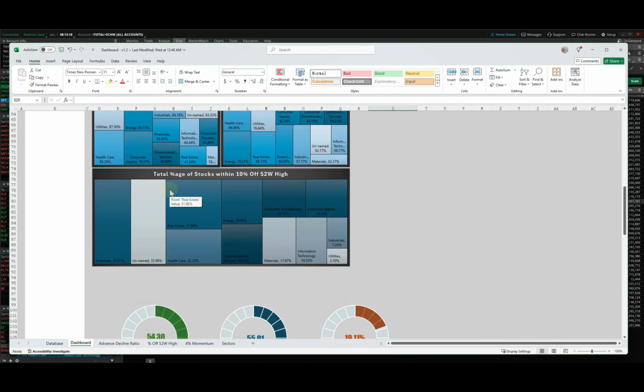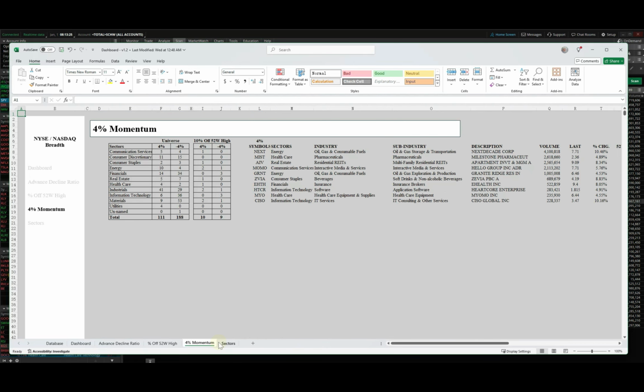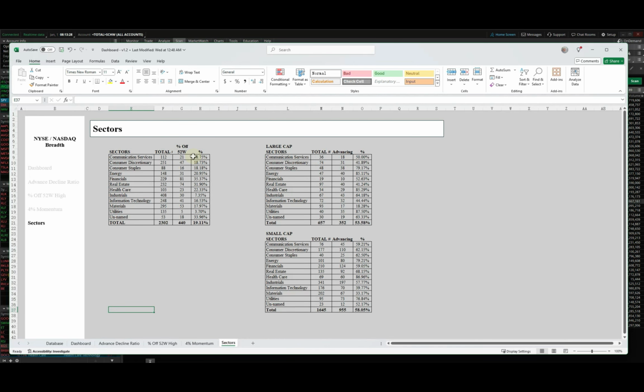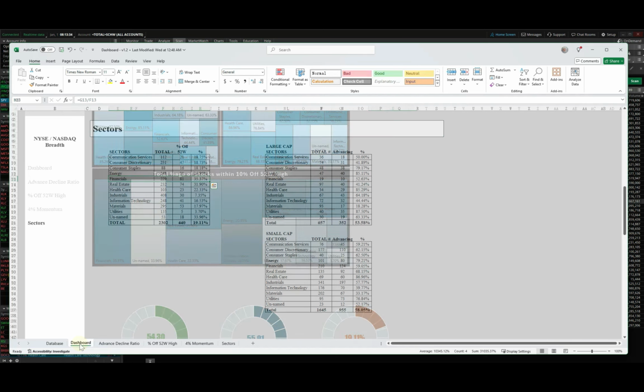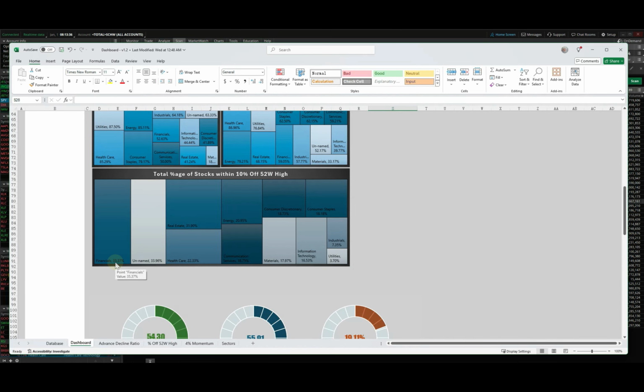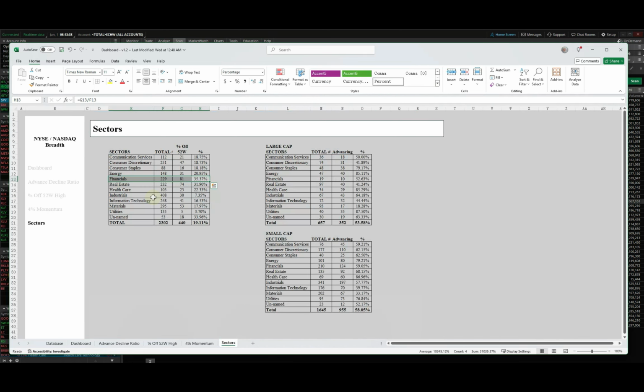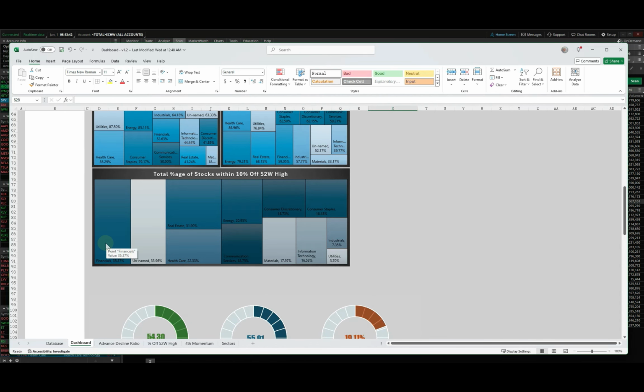And then we see the total percentage of stocks within 10% of 52-week high. So we can see what is the largest number. Financials is 35.37%, so financials have the largest number this time within 10% of the 52-week high.